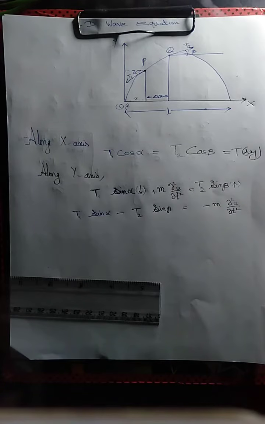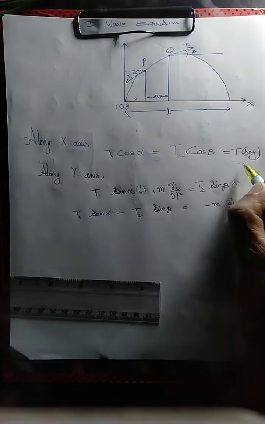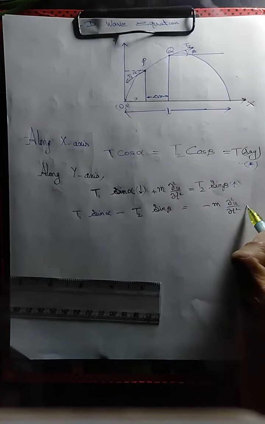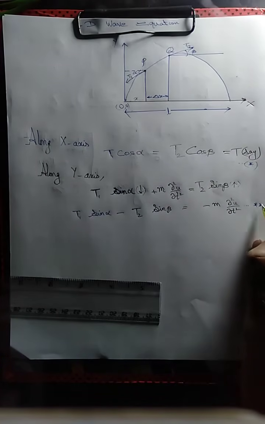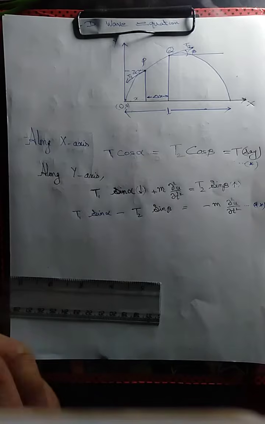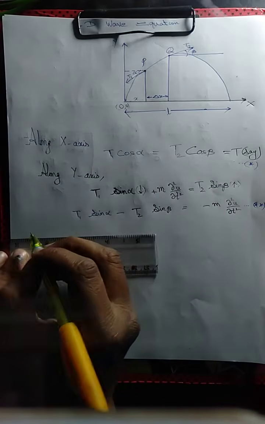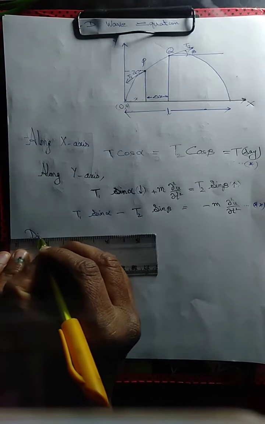Okay, now we want to combine these two equations. Let's say this is equation star, and this is equation double star. Dividing by T throughout.